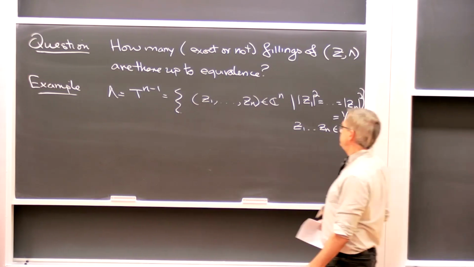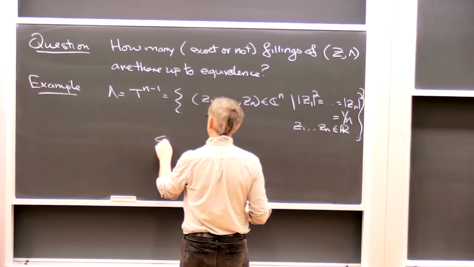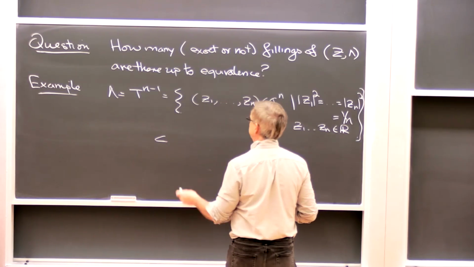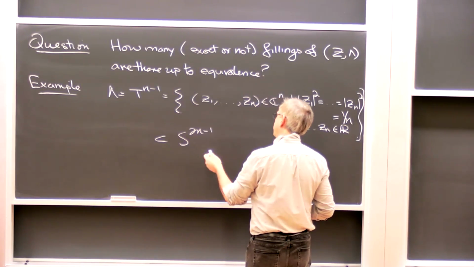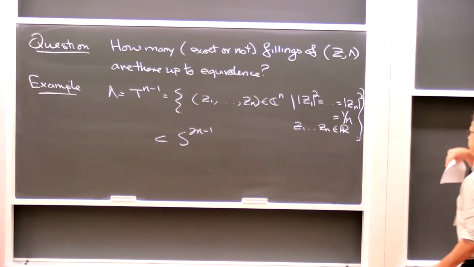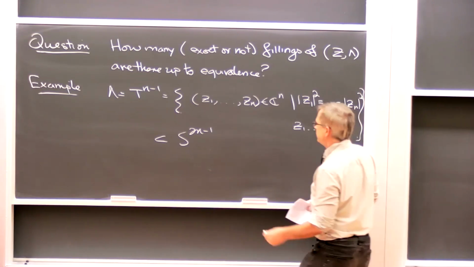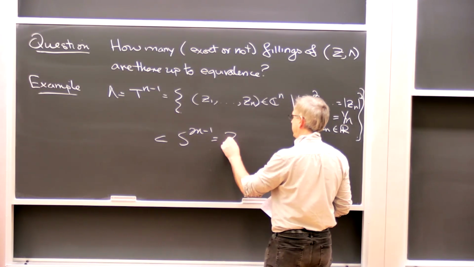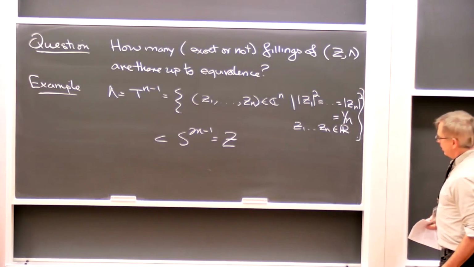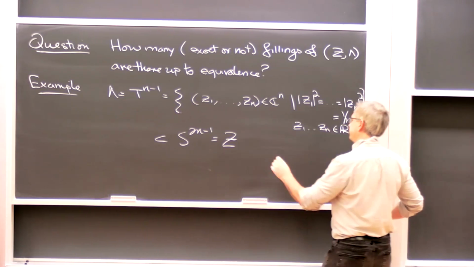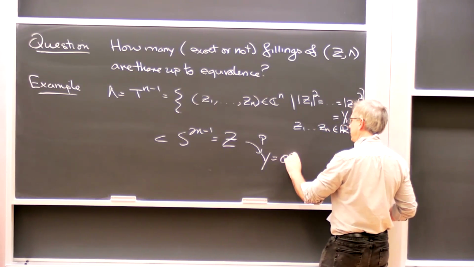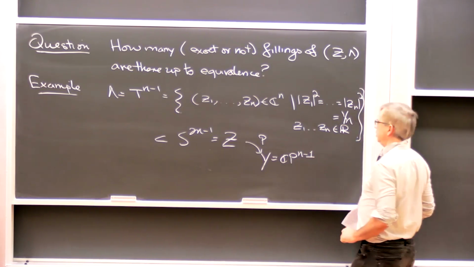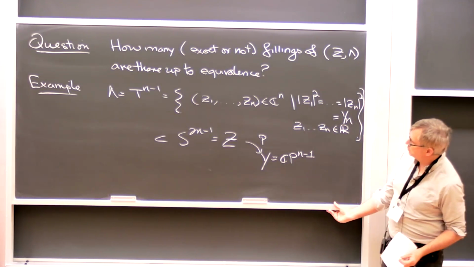Okay, so this is a subset of the unit sphere in complex n-space, which is my contact manifold, and then this projects onto CP^(n-1) with circle fibers.